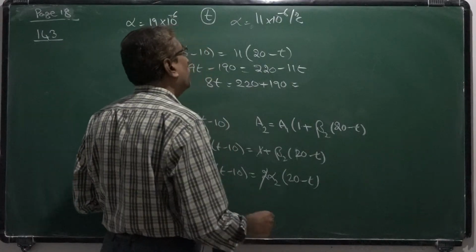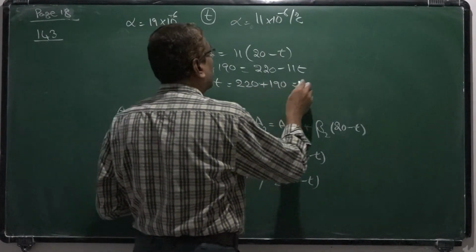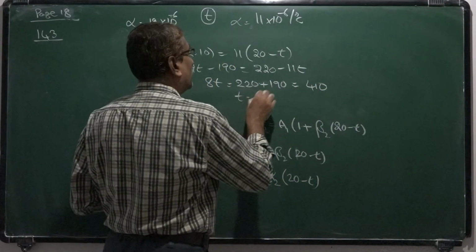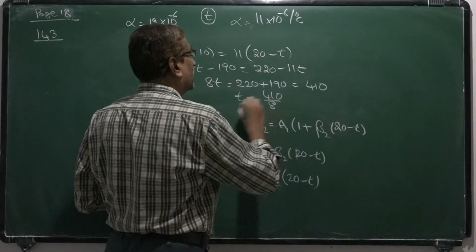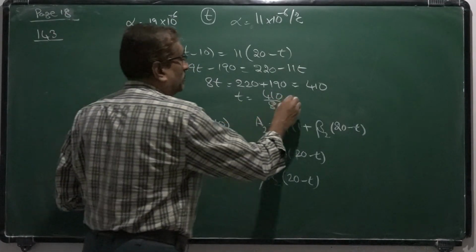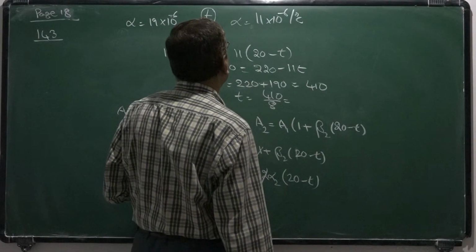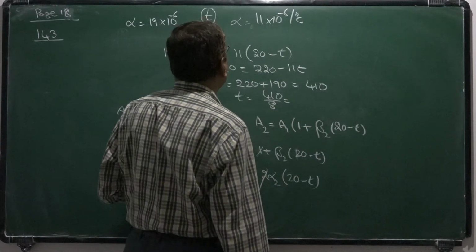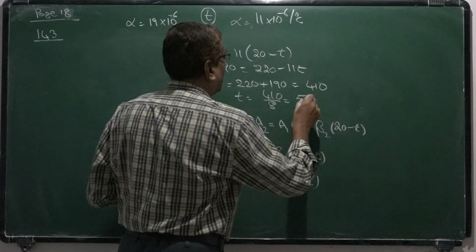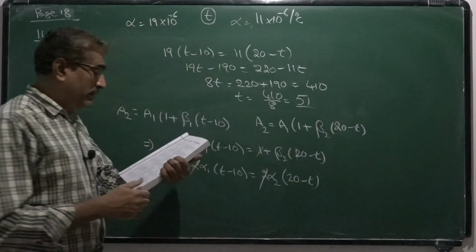What is the value? 410. T equal to 410 by 8, approximately 51.